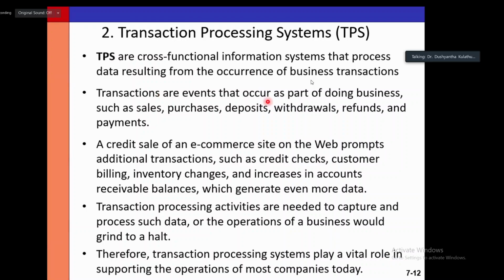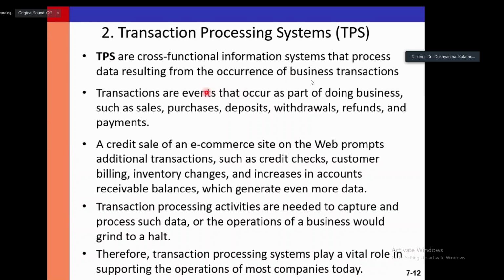Transactions are events that occur as part of doing business, such as sales, purchases, deposits, withdrawals, refunds, and payments, and so on. Basically, transaction processing systems process business transactions.